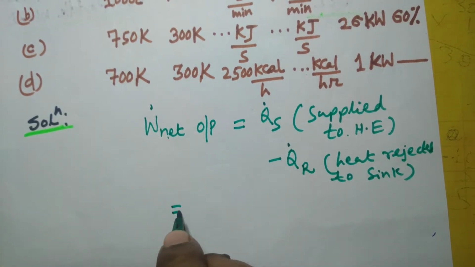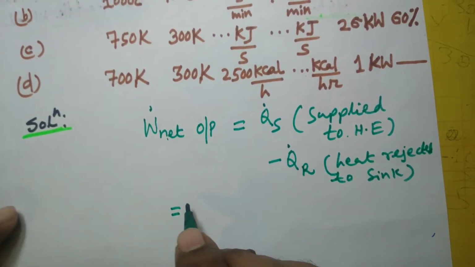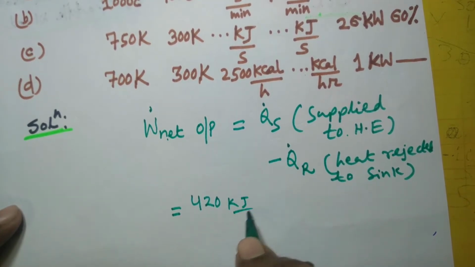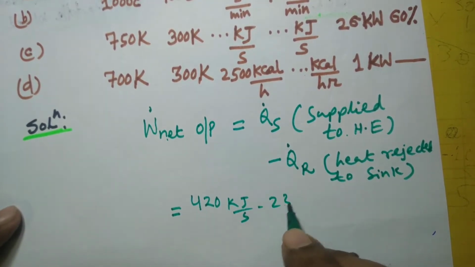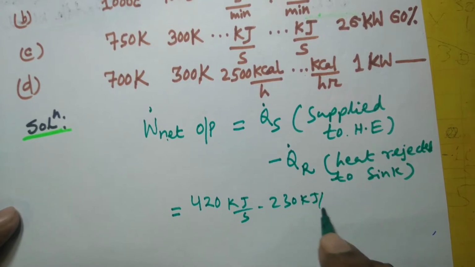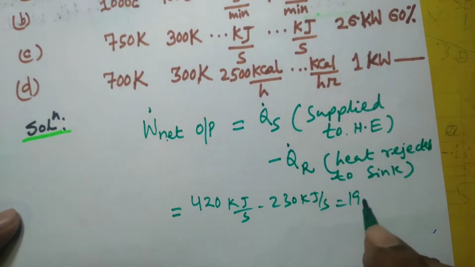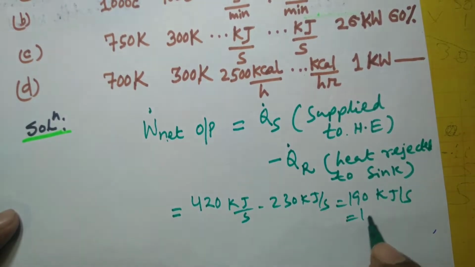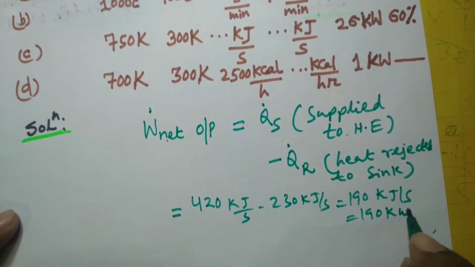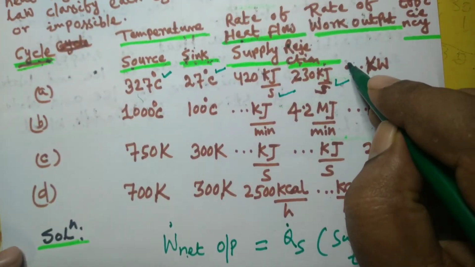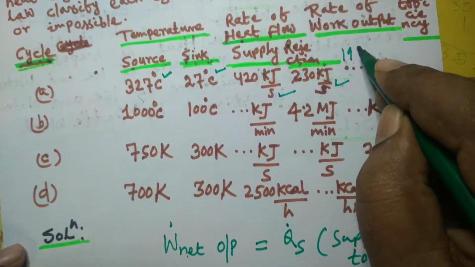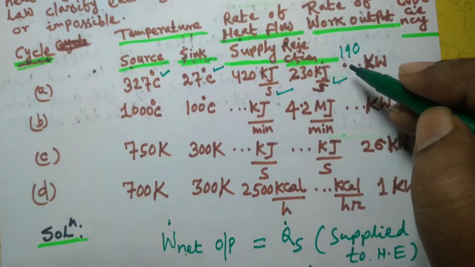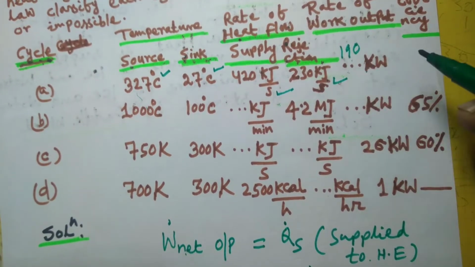So for the first case it is equal to 420 kilojoule per second minus 230 kilojoule per second, that is 190 kilojoule per second, or you can say 190 kilowatt. So here we have to write 190 kilowatt, fill in the blank, and the answer will be 190.